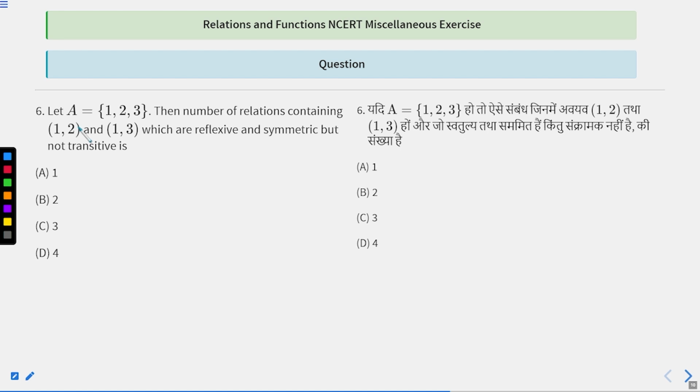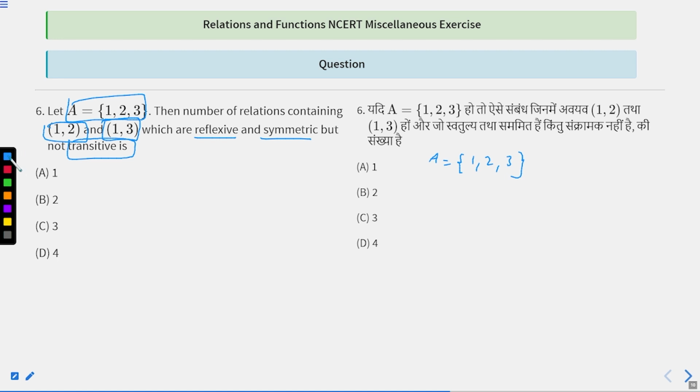What does it say? The sixth question says that if the set A is 1, 2, 3, then the number of relations containing this pair and this pair, which are reflexive and symmetric but not transitive.